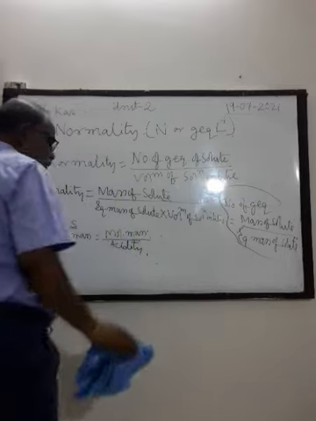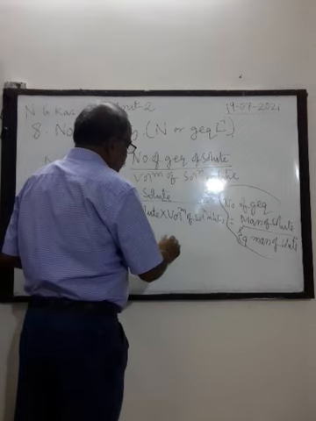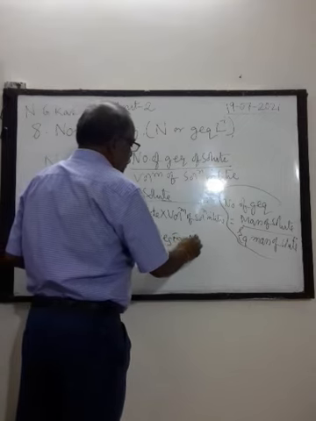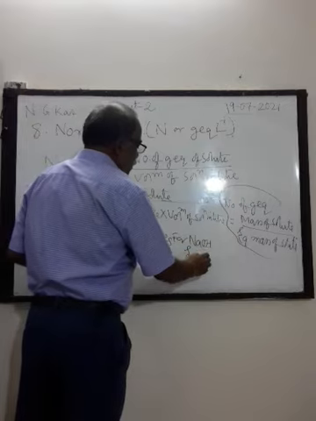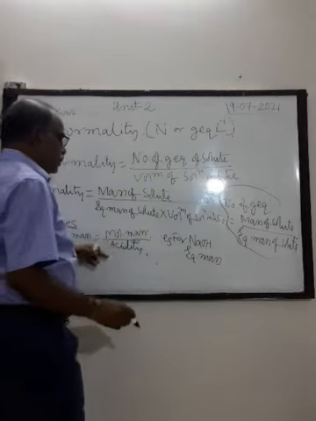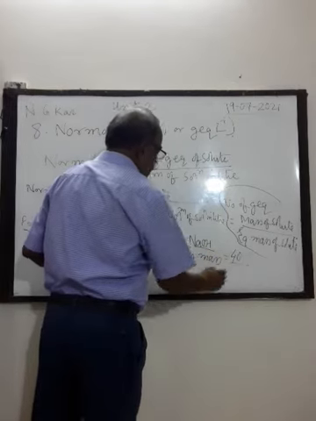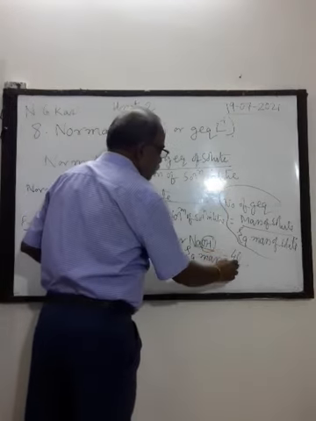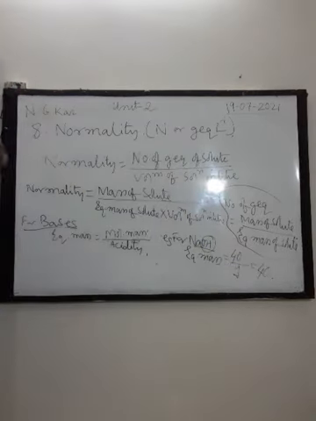So let us consider two examples. Number 1, NaOH. What is its equivalent mass? Molar mass by acidity. The molar mass of NaOH is 40 and acidity, the number of OH groups, is 1. So the equivalent mass is 40.